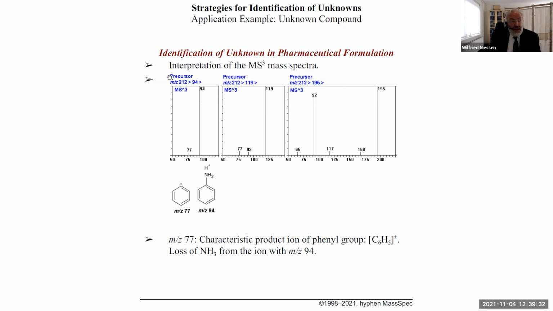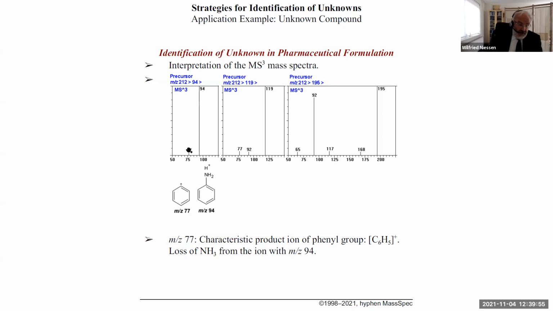If I start with the left one, I see a 94, which if it would be an even electron ion, would contain a nitrogen. And what we see is basically the loss of ammonia to 77, indicating that the 94 is indeed containing a nitrogen.